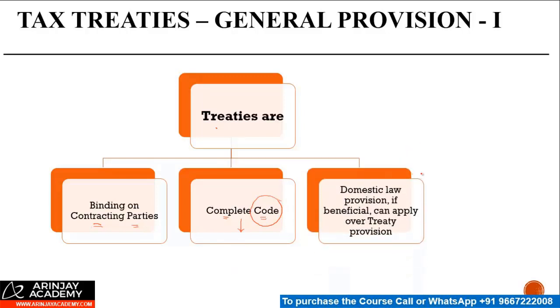And then the domestic tax law provision, if beneficial, the same thing that I discussed with you in the last slide, it is only when the domestic law provisions are beneficial that they can apply over treaty provisions. Like I told you, if the withholding tax rate under the Act is lower than the rate under the treaty, you can opt for the provision under the Act because they are the ones which are more beneficial to you.